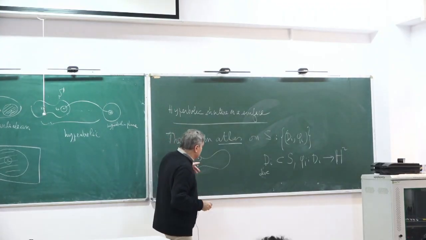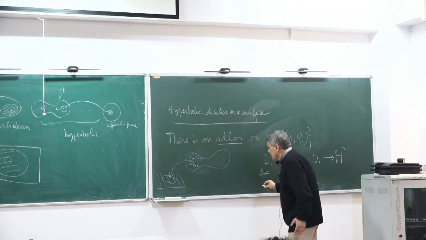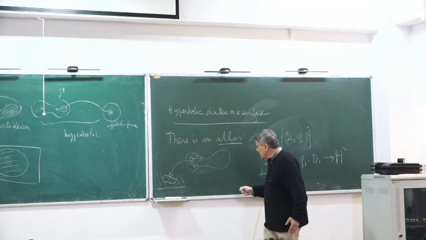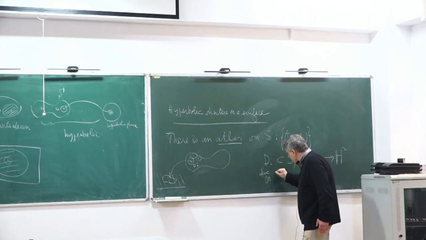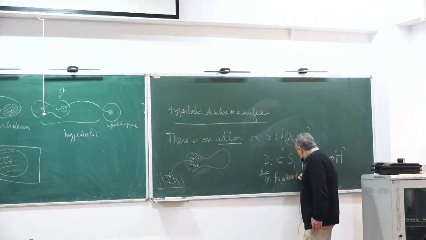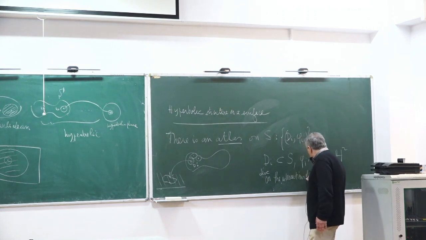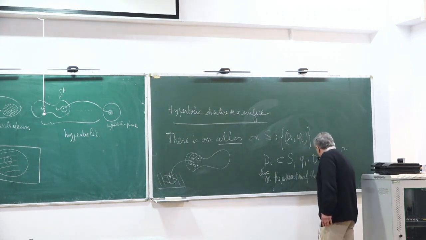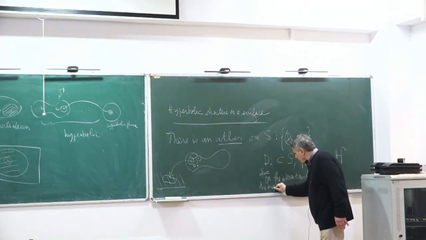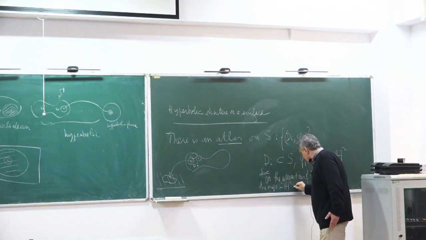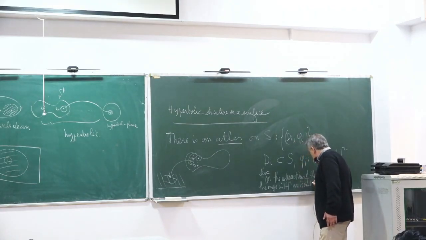The compatibility must say that on the intersections of the disks, the corresponding maps in the hyperbolic plane are restrictions of isometries.